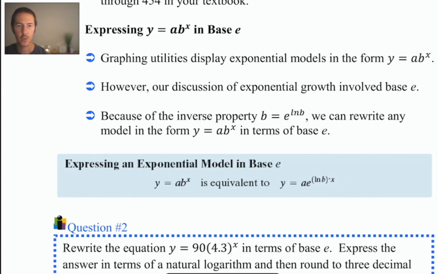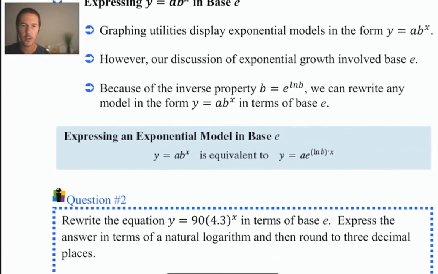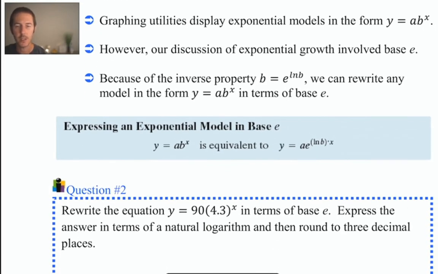So if your initial equation is given to you not in terms of base e, it might be valuable to make that conversion. In the blue box in the middle of the screen, we see the two equivalent statements, y equals a times b to the x, and then y equals a times e to the power of the natural log of b times x.